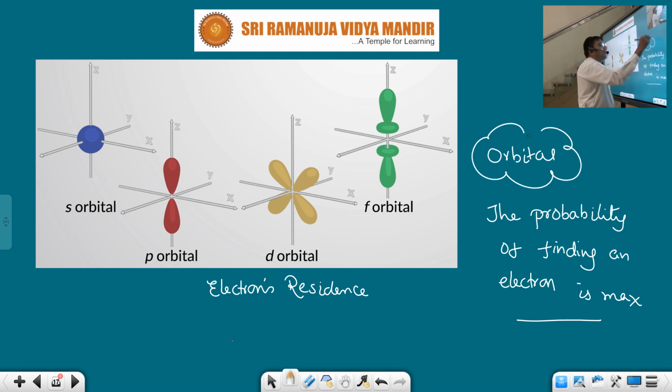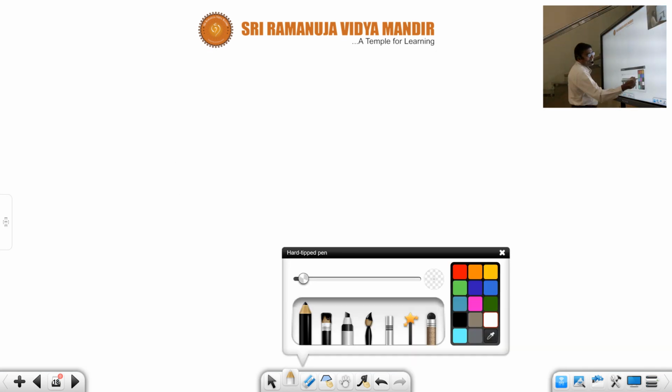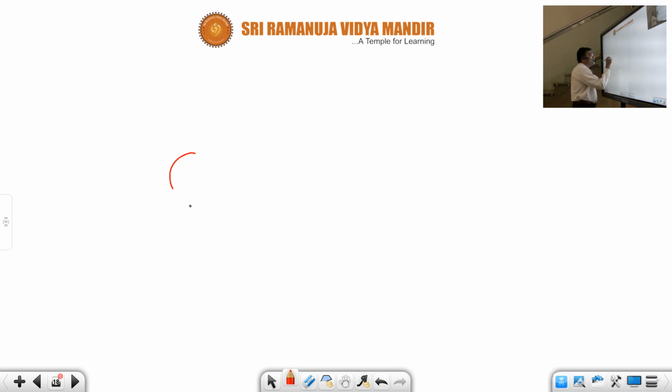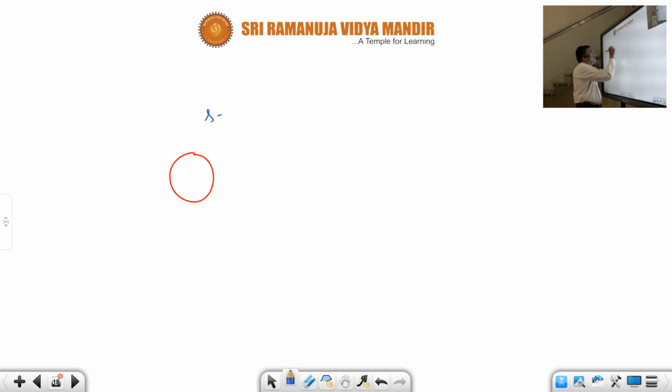Now there are 4 types of orbitals. One is the s orbital, which has a spherical shape.